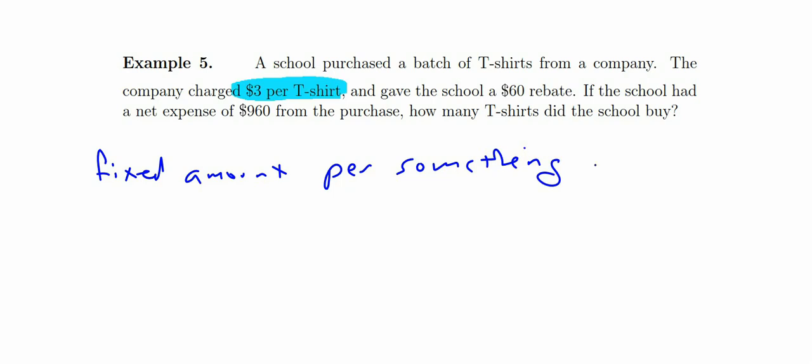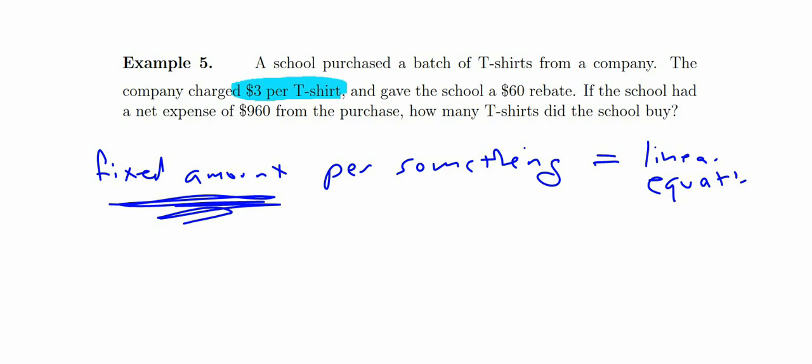Okay. This means it's a linear equation. Okay. And that fixed amount per something, okay, that's the slope. Okay. So when I see that phrase, $3 per shirt, I know I have a linear equation and I know my slope is 3. Period.